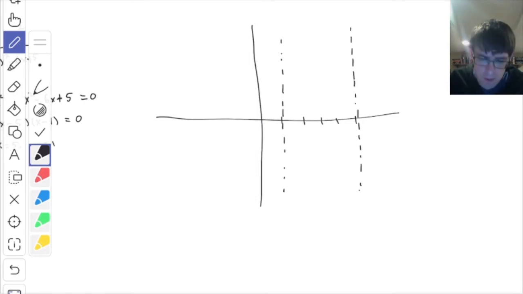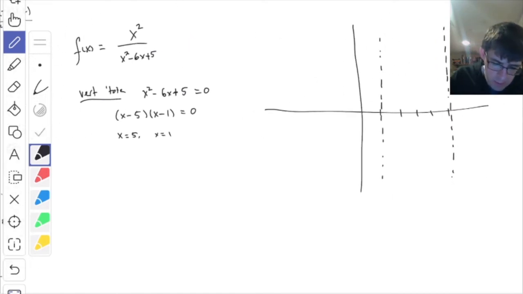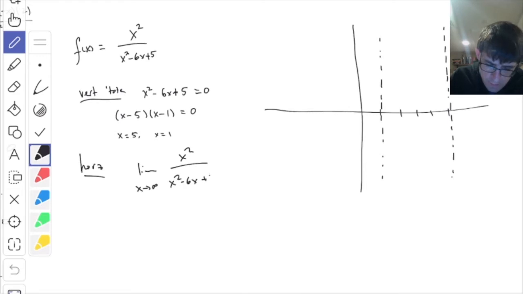Okay, and how about horizontal asymptotes? You do that limit thing, right? Lim x goes to infinity, x squared over x squared minus 6x plus 5. What am I going to get from that? 1 over 1?